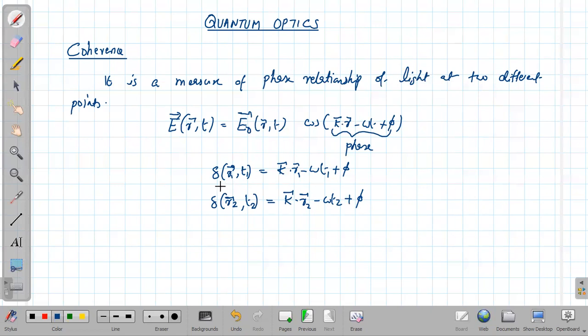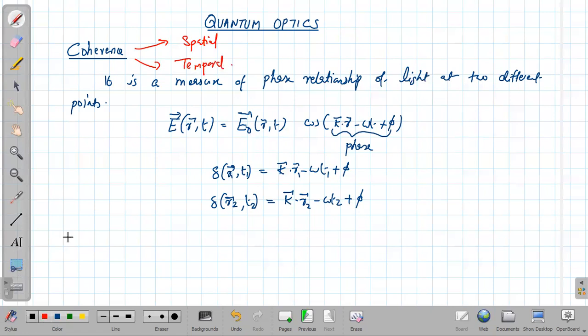Now for coherence, as far as light is concerned, we can define two types: one is called spatial coherence, and the other is called temporal coherence. Let us see what they mean.